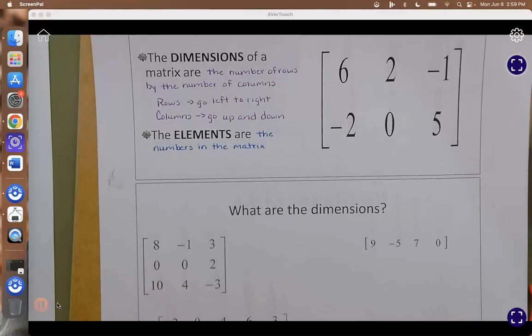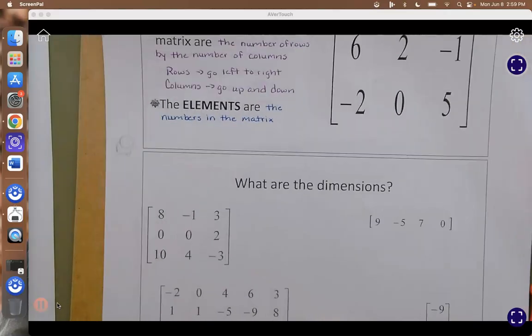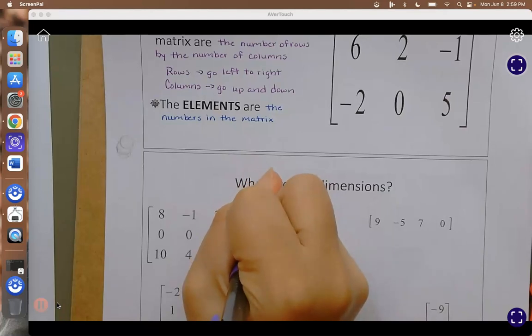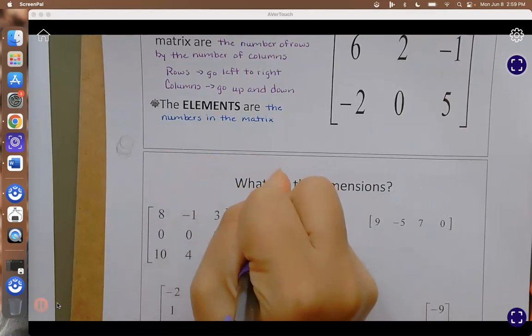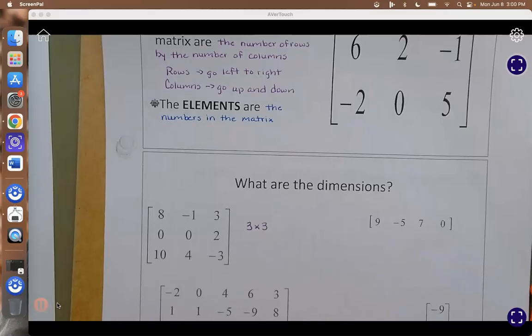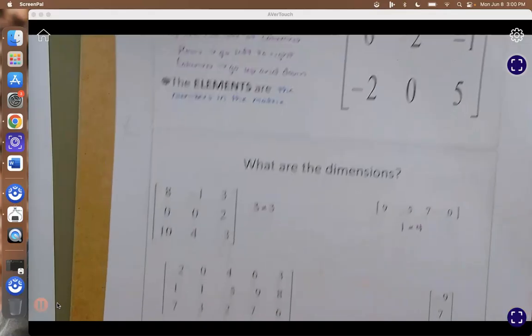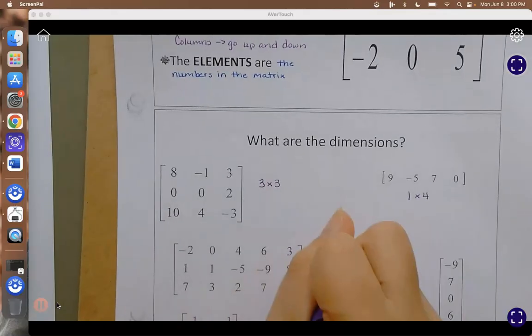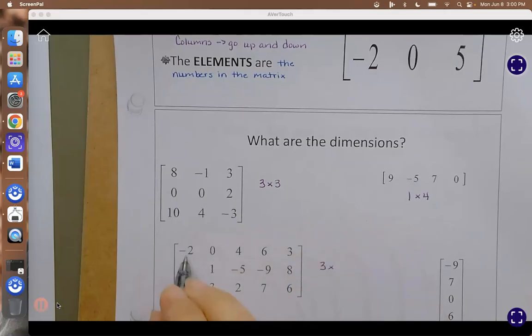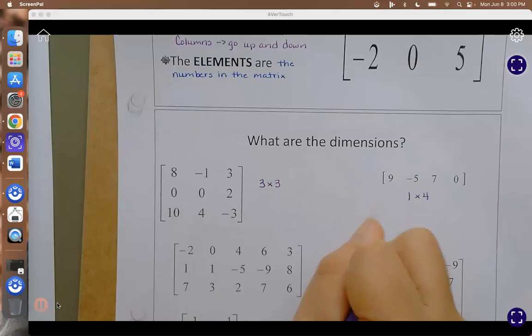Alright, so let's start with something easy. What are the dimensions of these matrices? So for this one, this has 1, 2, 3 rows and 1, 2, 3 columns. So this is a 3 by 3. This has 1 row and 4 columns. This has 3 rows and 1, 2, 3, 4, 5 columns.